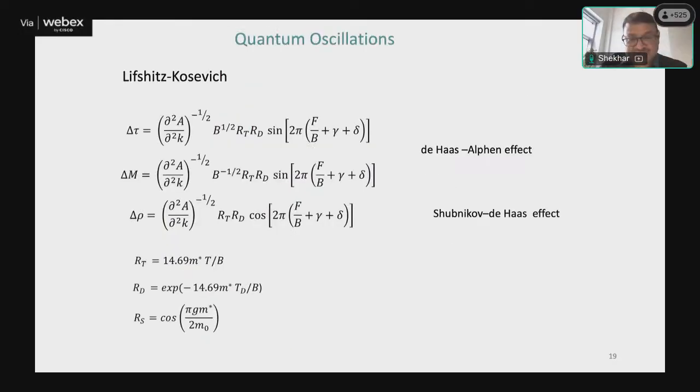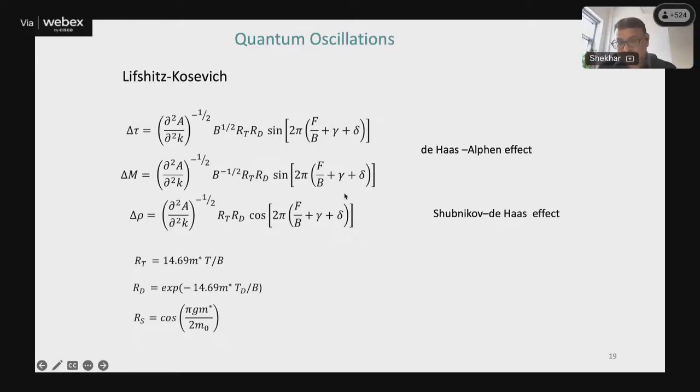So to analyze this quantum oscillation, we have a standard formula, which is called the Lifshitz-Kosevich formula. With it we can calculate the effective mass, we can calculate the scattering time, and we can calculate the Zeeman splitting inside the material.